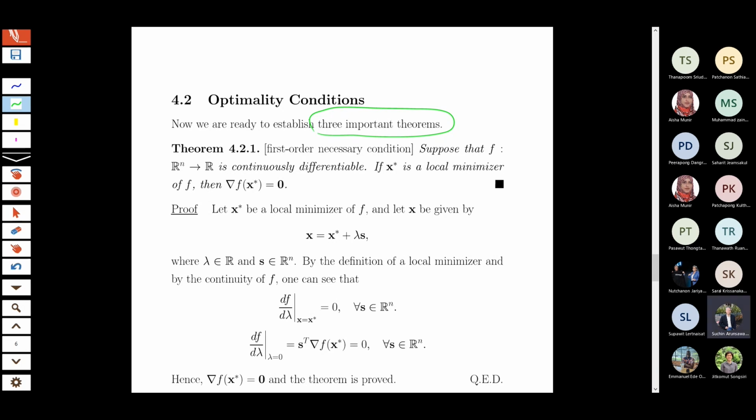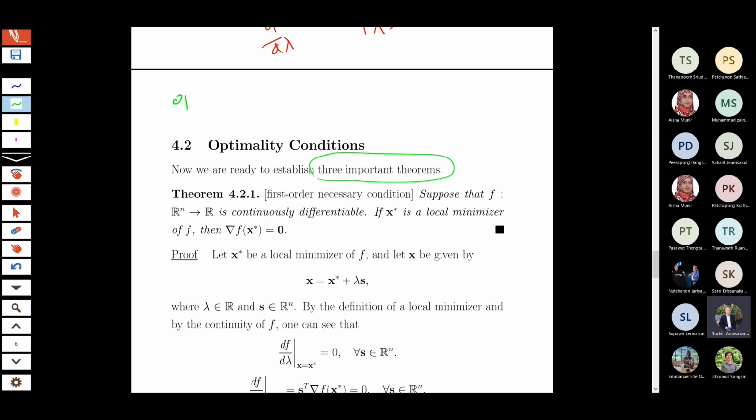When optimality happens, it implies something.